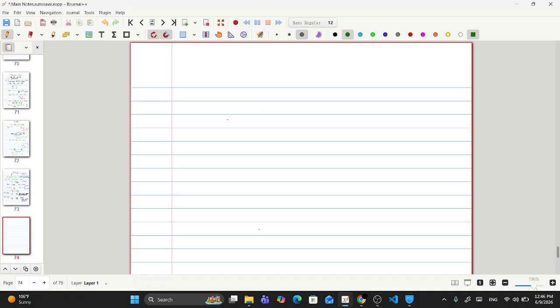So, for example, if there was a mass of a box, this is a question, by the way. I'll solve this one myself. Mass of a box is, let's say, 20 kilograms to nearest 2 kg.